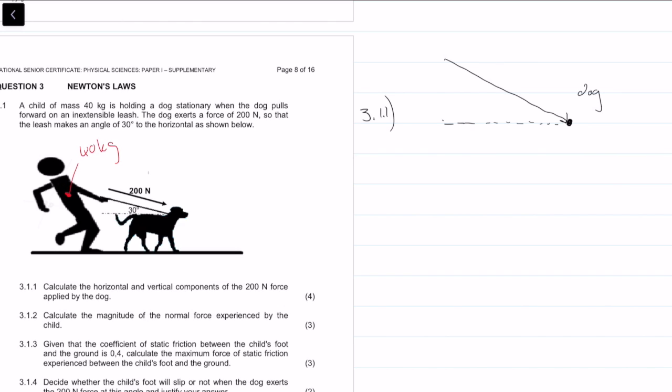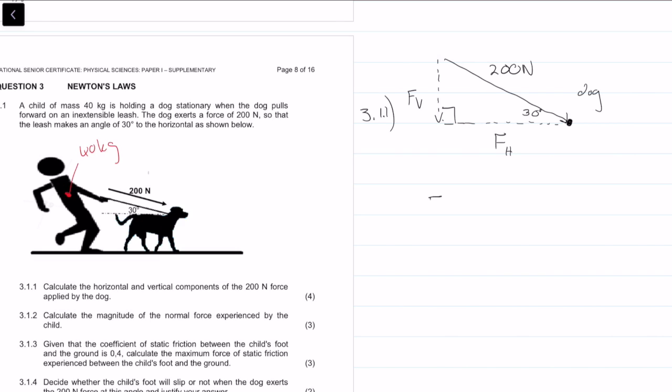And we have two components. So we have that component, which is the force vertical, and this is the force horizontal. Okay, and we know that this force has a value of 200 newtons, and we know this has an angle of 30 degrees, and that's going to be a 90-degree angle.